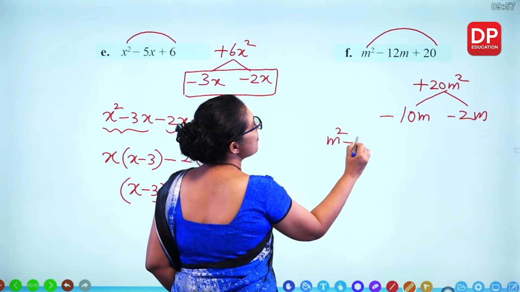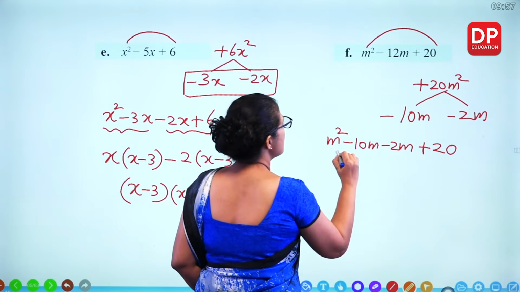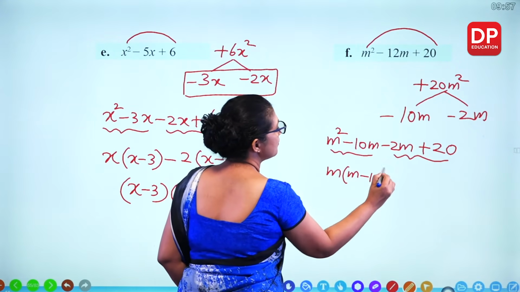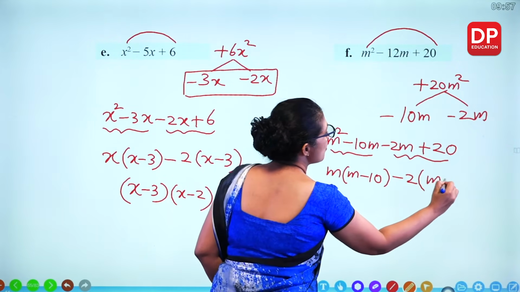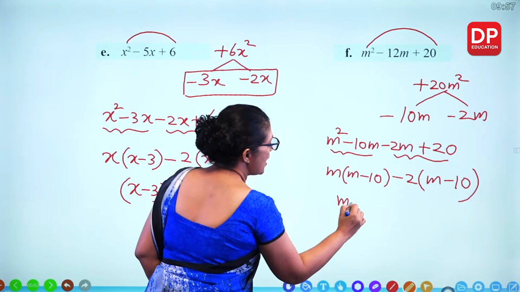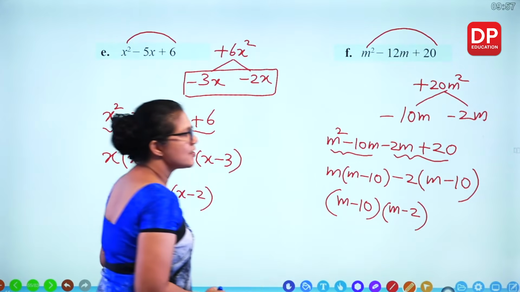So m squared minus 10m minus 2m plus 20. So take 2 at a time and factorize. When you take minus 2 out, you get minus here and m minus 10 and m minus 2.